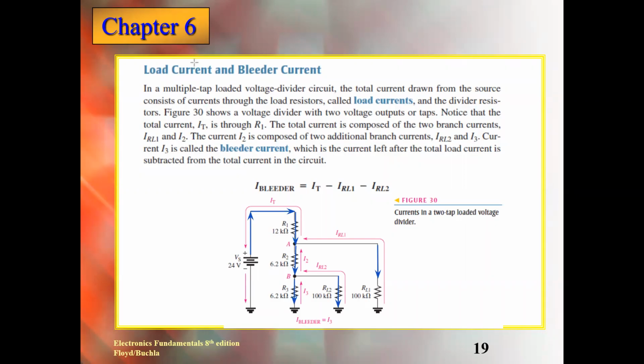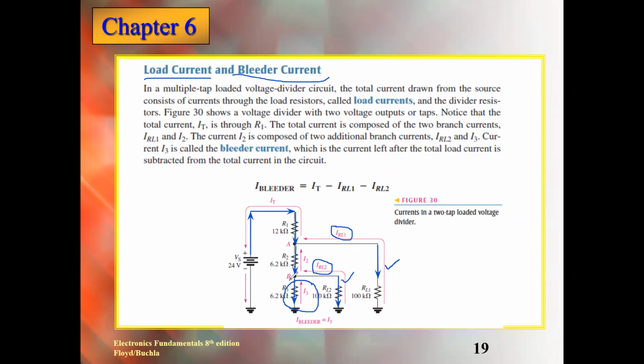Okay, so the current which is flowing in the load is called the load current, which they are writing here as IRL1, leave the directions. Another current, in the other load, is IRL2. These are called the load currents. Another is the bleeder current. After subtracting the load currents from the total current, which current is remaining? I3.